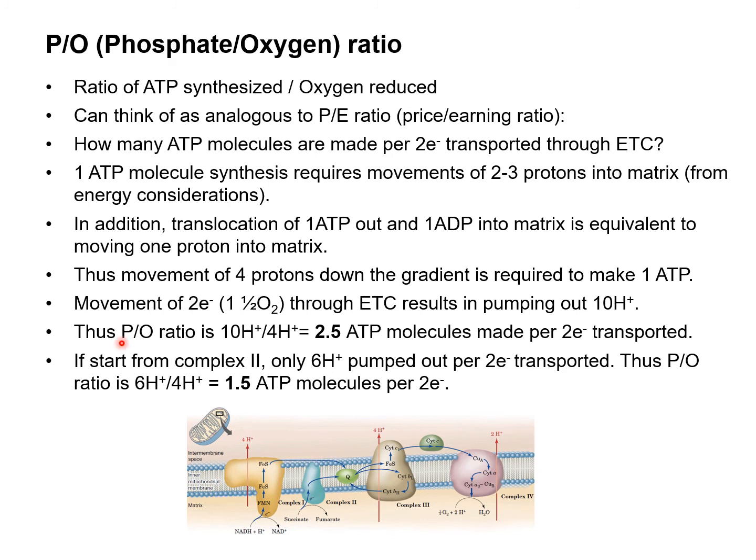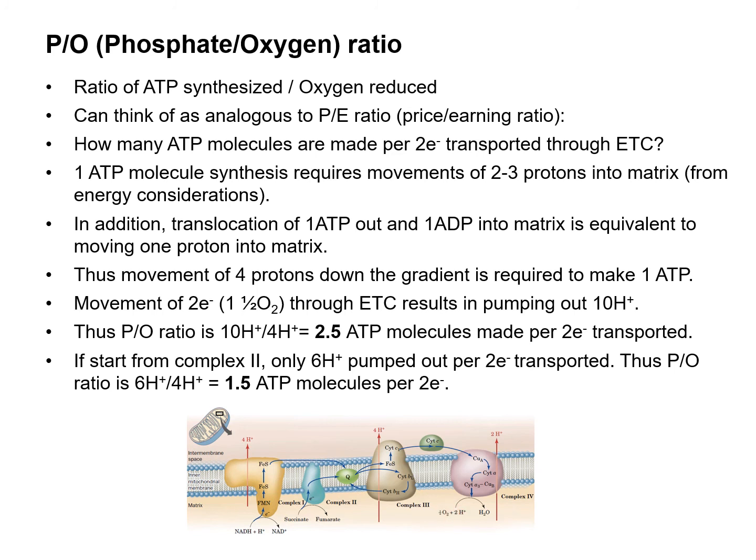So the P/O ratio would be 10 protons divided by 4 protons, which is required to get 1 ATP, equals 2.5 ATP molecules per 2 electrons transported for this ETC, or equivalently per 1 oxygen atom, which is half of the oxygen gas molecule.